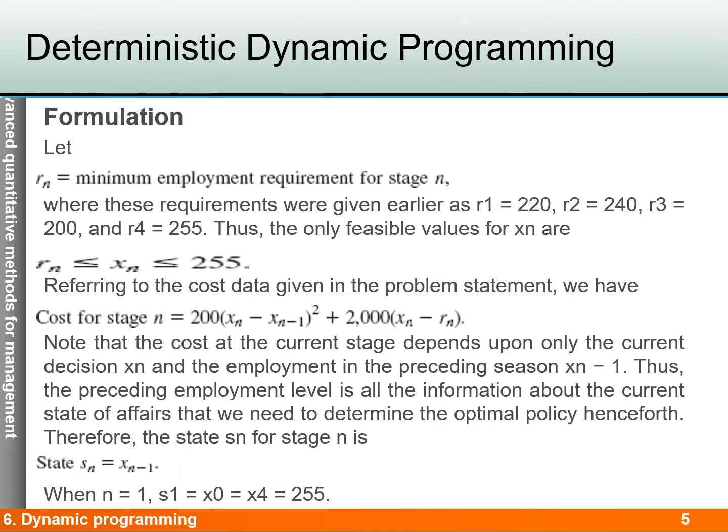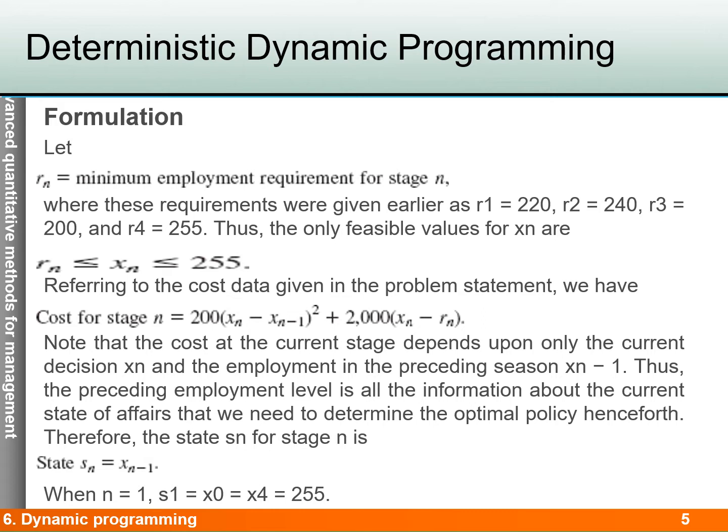Following the previous slide, let's continue with the other notations important for the formulation of this example. As you saw in the previous slides and in the table, for each of these seasons, we need a minimum number of work labors. It means that less than those numbers is not possible for those seasons.